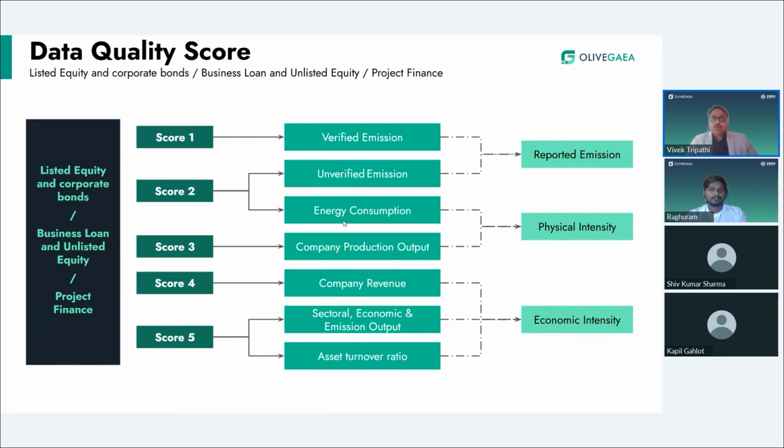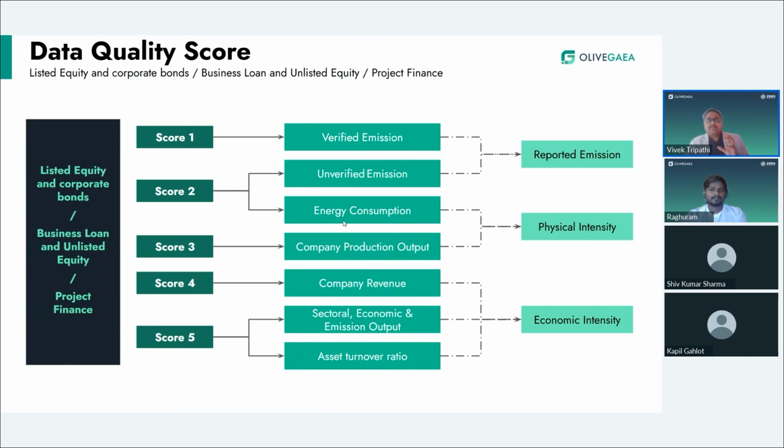Again, the score would go to score 2 if the data is provided by the investee, but it is unverified, so it is not third-party audited or verified as per ISO standards. In that case, your calculation of financed emission would be good, but the data score would go down to score 2. The third option would be energy consumption. Now, the investee company doesn't have their emission data, but what they can provide is the DEWA bill that they are paying year on year.